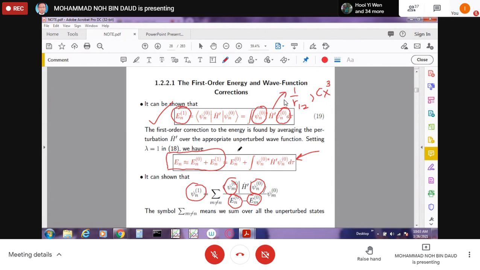So if you want to determine this, sum over all the unperturbed overlap of this N1, N2, N3 for the non-degenerate energy, and the difference between each of this energy, all possible differences of this energy.